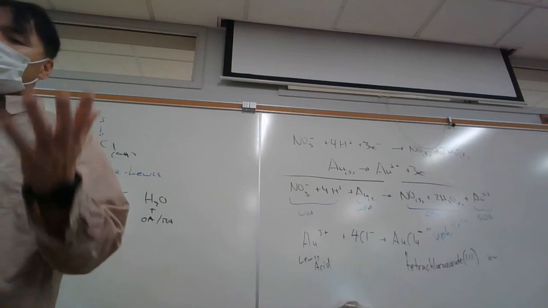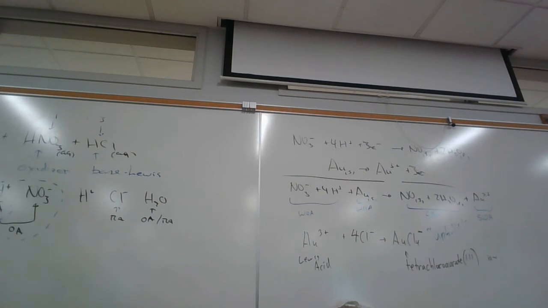Do you guys remember this curve, the Maxwell-Boltzmann curve of kinetic energy? There's a small tail of high energy. So let's say in one moment, boom, a gold ion gets shot pretty high up the hill.